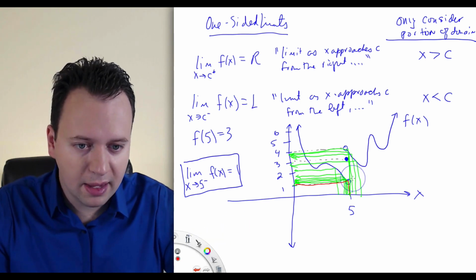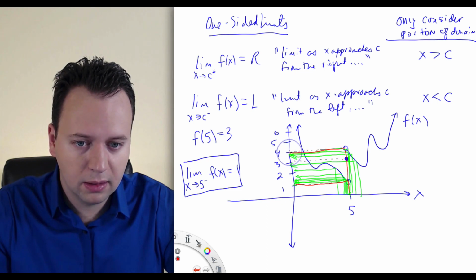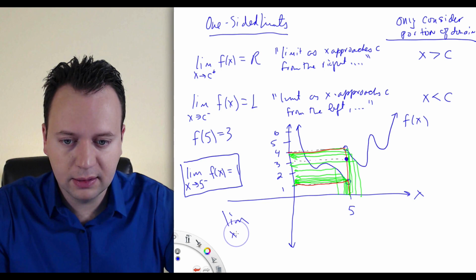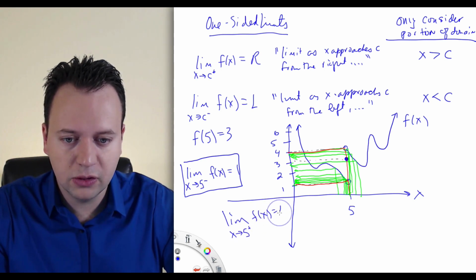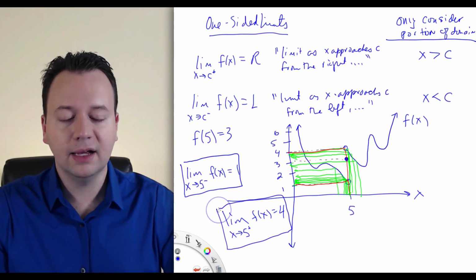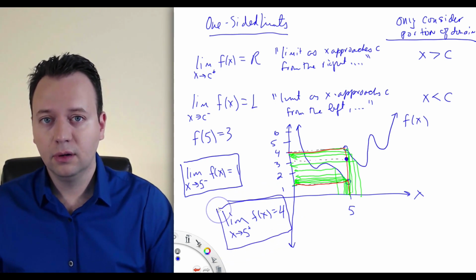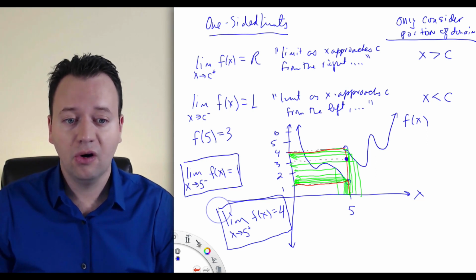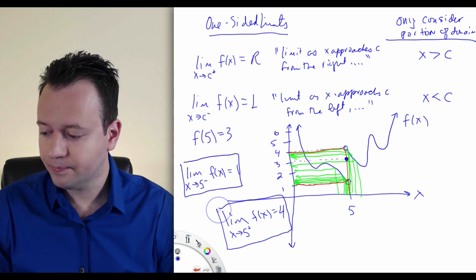So the limit here would be 4. So we say that the limit as x approaches 5 from the right of f of x is equal to 4. So here's an example where the limit as x approaches 5 from the left, from the right, and then the actual value, f of 5, all give 3 different answers.